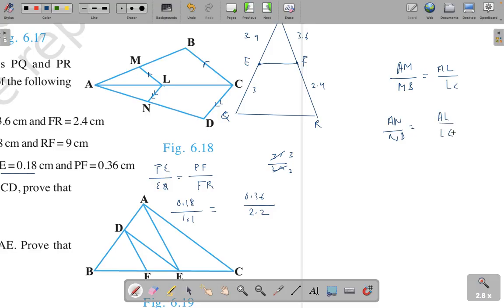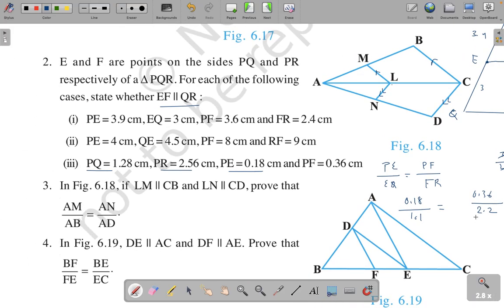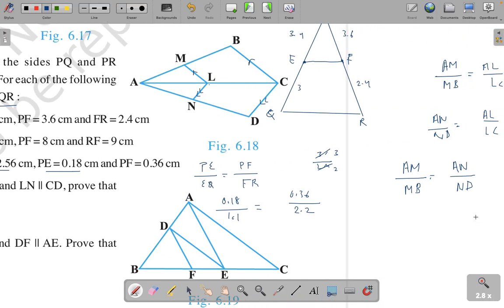So from both these equations, you can say they are equal. But what do you need to prove? AM upon AB, not MB. So we have to do the flipping thing.